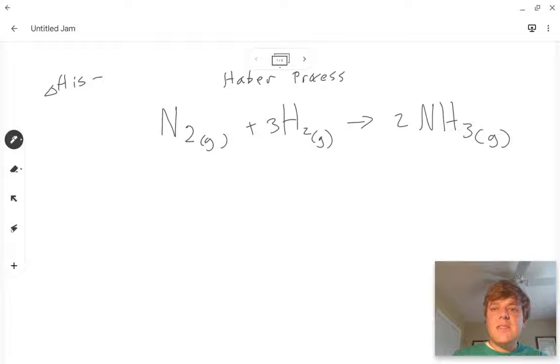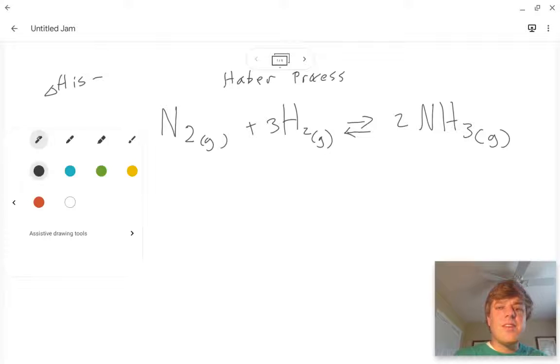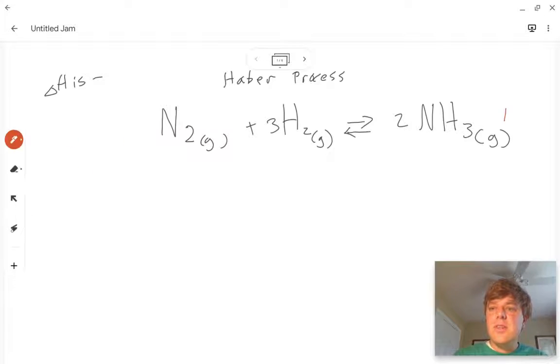Now, this reaction is also a reversible reaction, so let me draw the double arrow there. And I wrote over here, delta H is negative, meaning this reaction is exothermic. It releases heat, so I'll just write heat over here as a product.